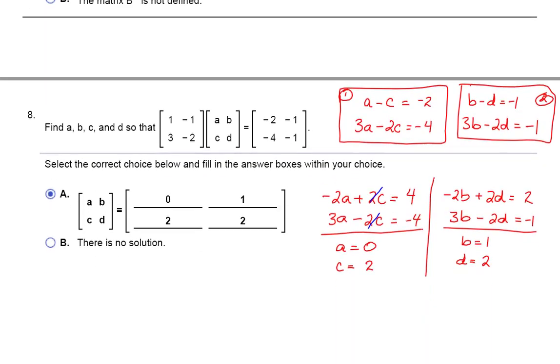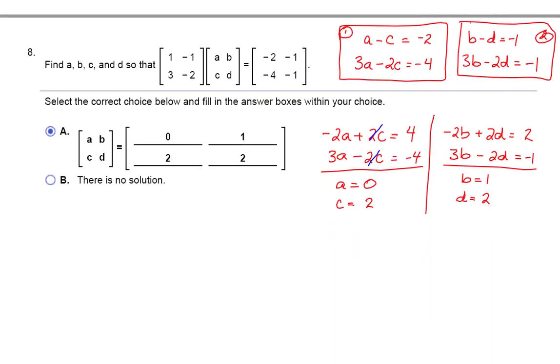All right. In question 8, I want to figure out how to find A, B, C, and D so that this product is going to give me this solution. Well, we simply trace out how we get there. How did we get to minus 2 and minus 1?